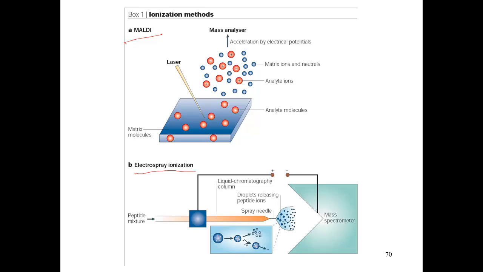There's also an electric field placed across the mobile phase in the mass spectrometer. The peptides are eluted in fine droplets, which the liquid will evaporate. Eventually you'll have coulombic repulsion causing the droplets to fragment, and then basically we have very close to naked peptides which are in the gas phase and will be analyzed in the mass spectrometer.